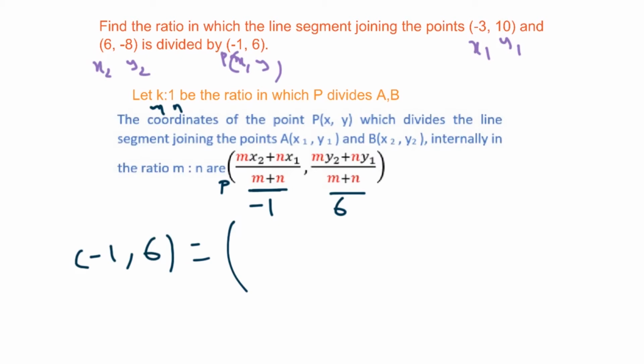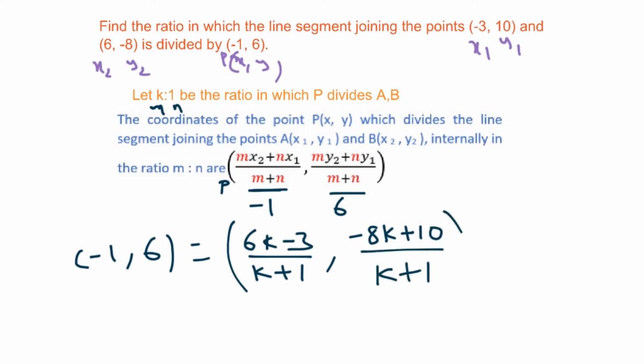So k into x2 is 6, 6k, plus nx1, n is 1 and x1 is -3, divided by k plus 1. Now my2, m is k, y2 is -8, so -8k plus ny1, 1 into y1 is 10, divided by k plus 1. Now we have to equate this to find the value of k.